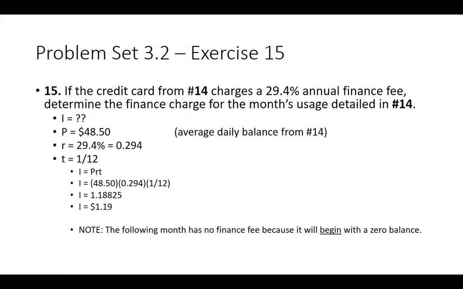Number 15. If the credit card from 14 charges a 29.4% annual finance fee, determine the finance charge for the month's usage detailed in number 14. So we're looking for I, we know PR and T. P is the average daily balance that we had in the last problem, $48.50.